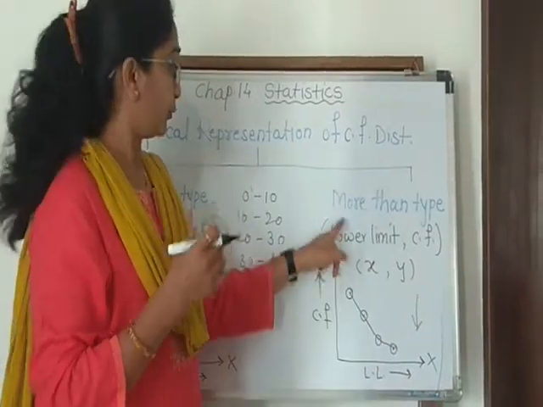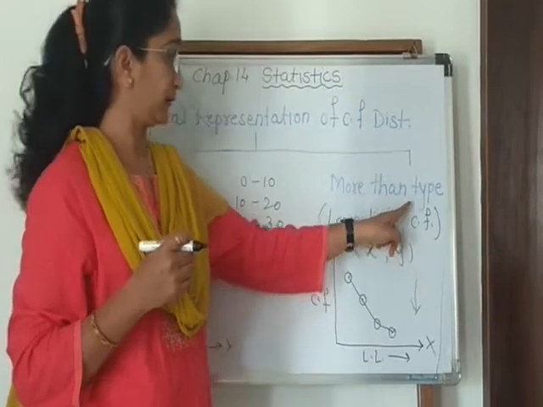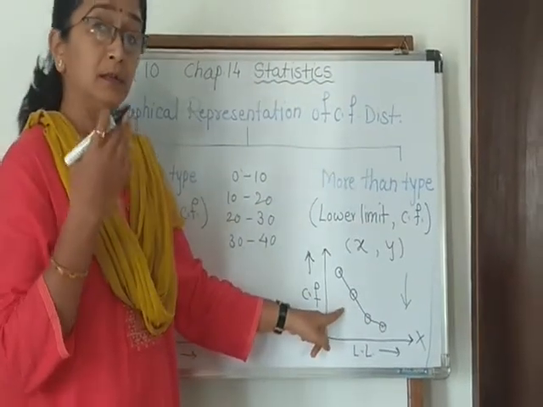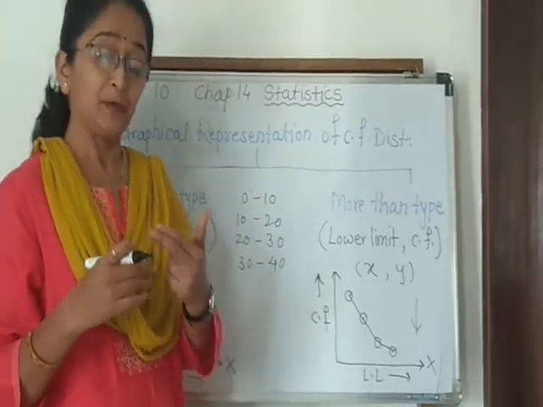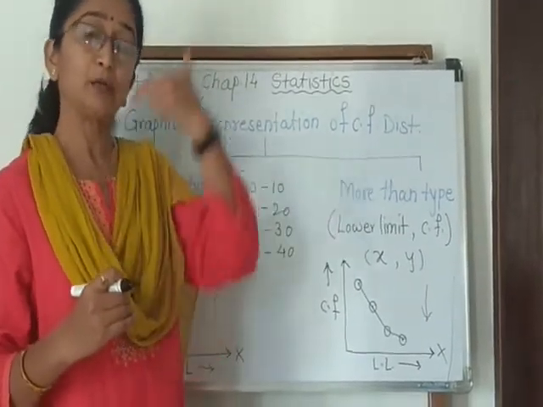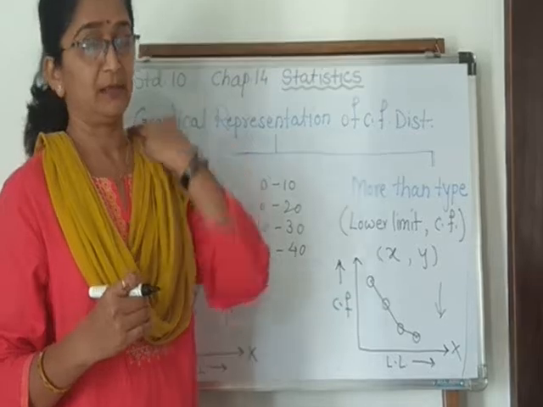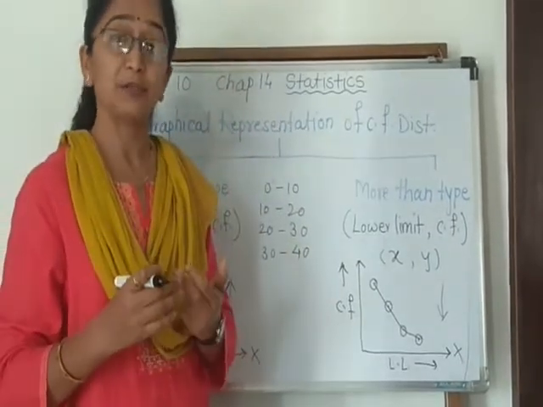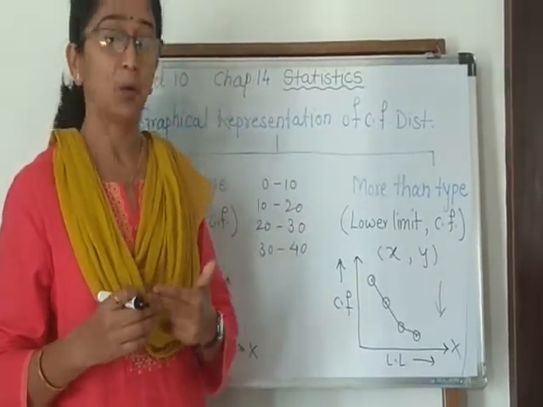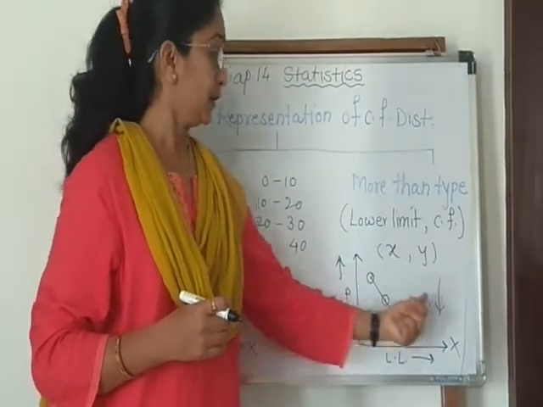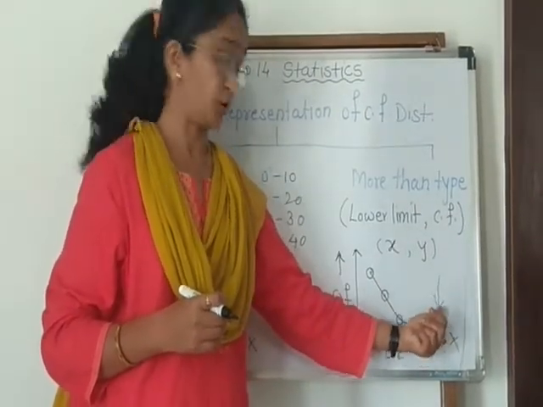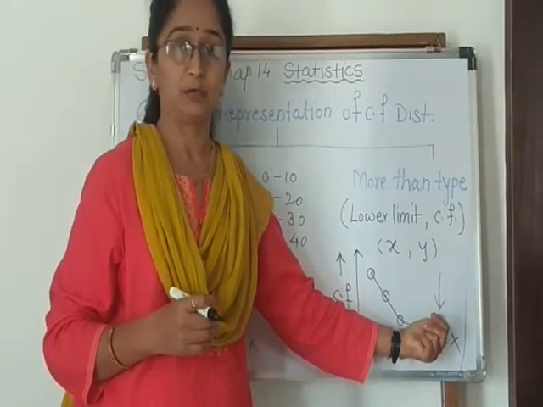Because in the more than type cumulative frequency distribution, we are writing the cumulative frequencies by adding them from the last class interval to the first class interval. That means we are writing those cumulative frequencies in the descending order, and therefore we will get this ogive in the downward direction, or it is cumulated downward.